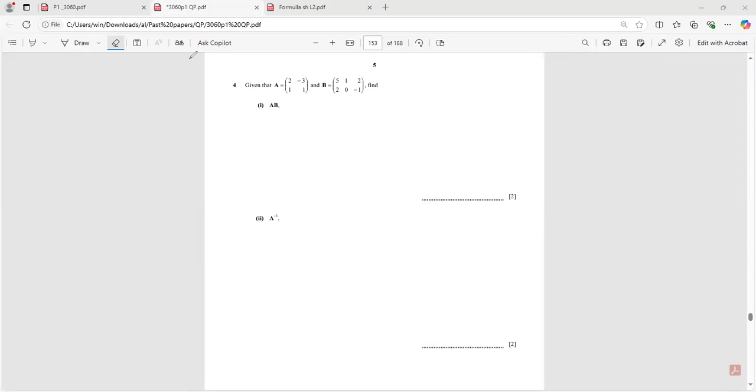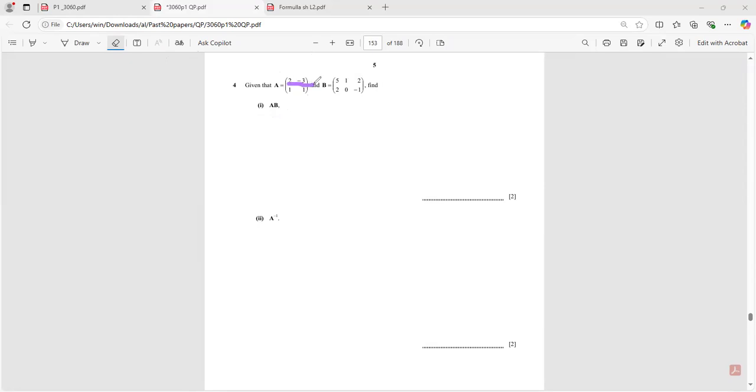Okay, question number 4 here. He asks you a matrix multiplication, a 2 by 2 multiplied by a 2 by 3. So I'm going to multiply each row by the columns.